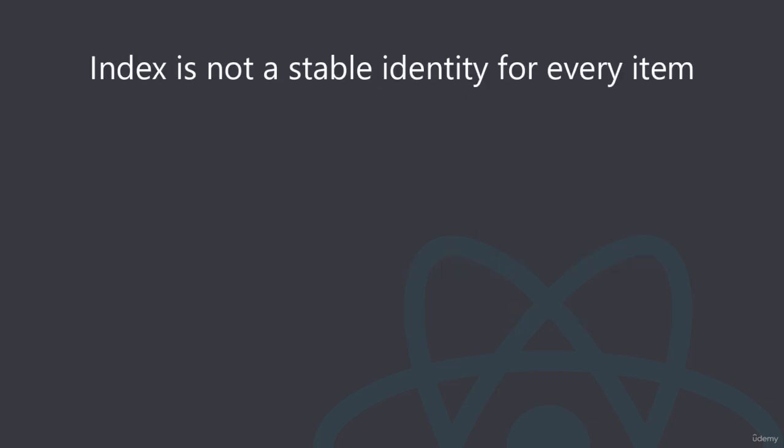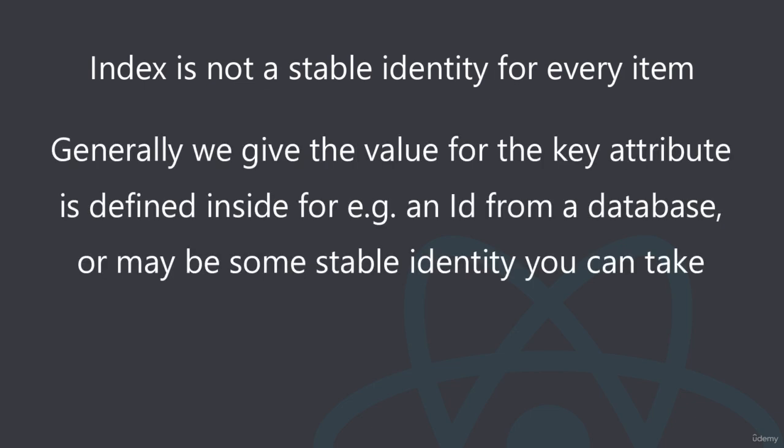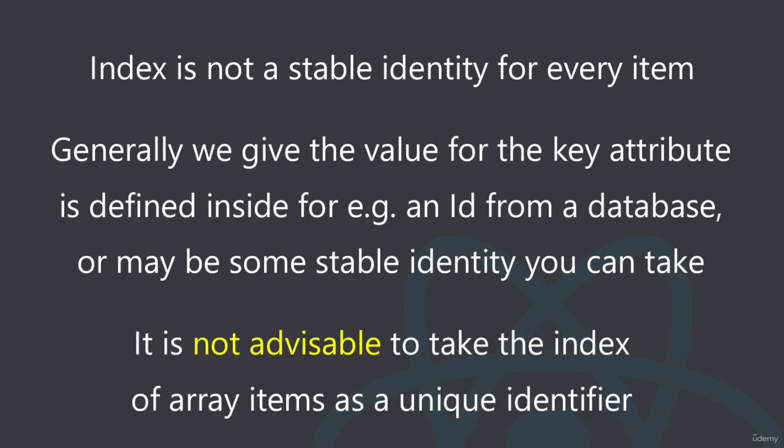Index is not a stable identity for every item. So generally the value for the key attribute is, let's say, an ID from a database, or maybe some stable identity you can take. So the answer is it is not advisable to take the index of array items.